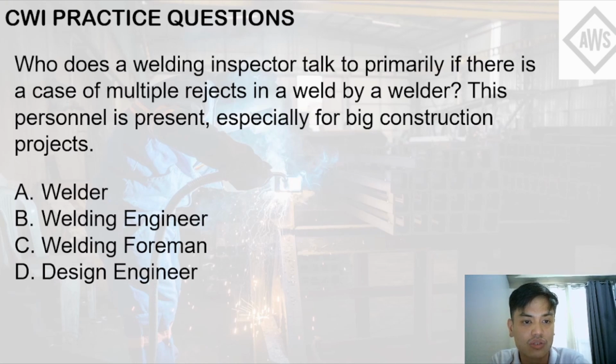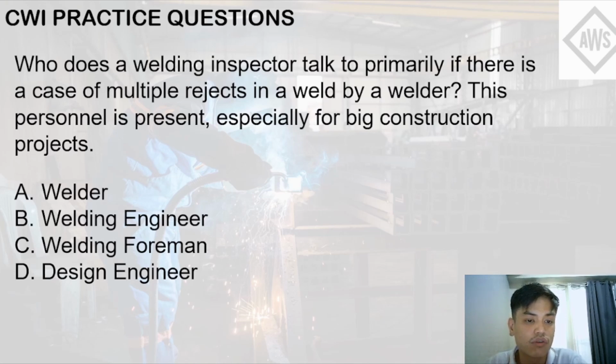So it might not be a good idea to confront him directly if he produced multiple rejected welds. Letter B, welding engineer, is not responsible for this because he created the welding specification. So he will not be the one the welding inspector needs to talk to in this situation.